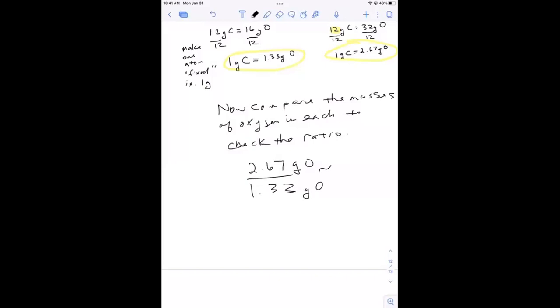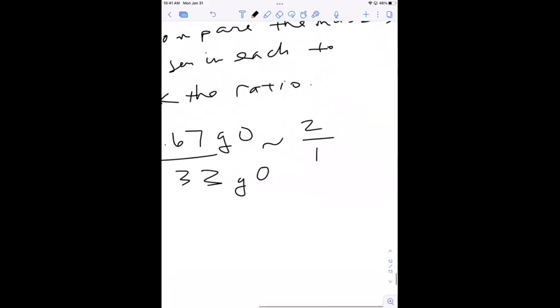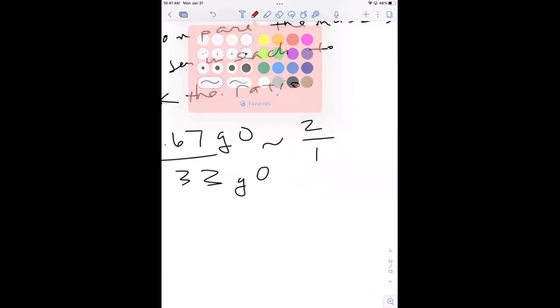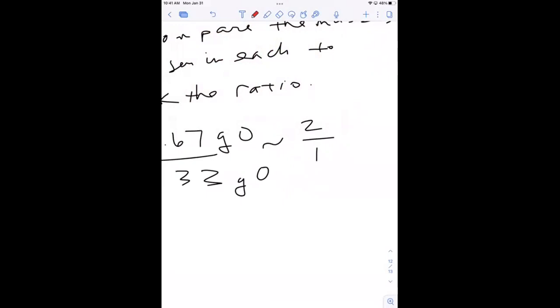This should roughly equal out to a ratio of 2 to 1, which is a small whole number ratio, which is what the law of multiple proportions predicts: you should get a small whole number ratio if you compare the masses of the second atom in each of the compounds that are able to be formed from those two atoms.